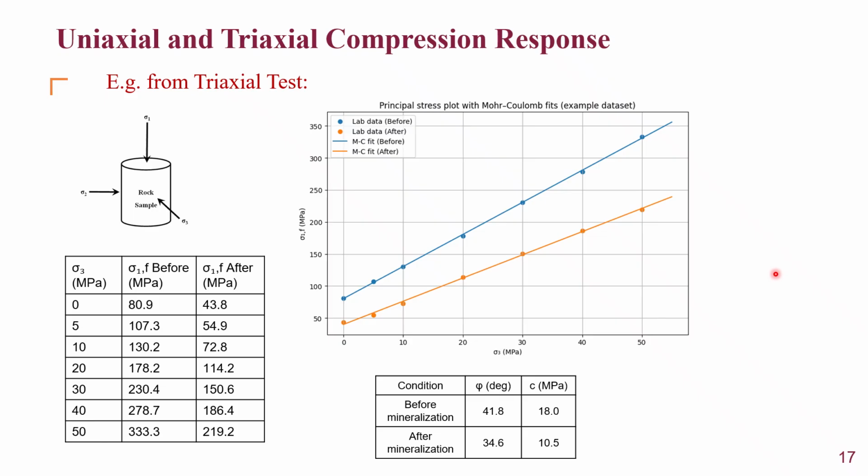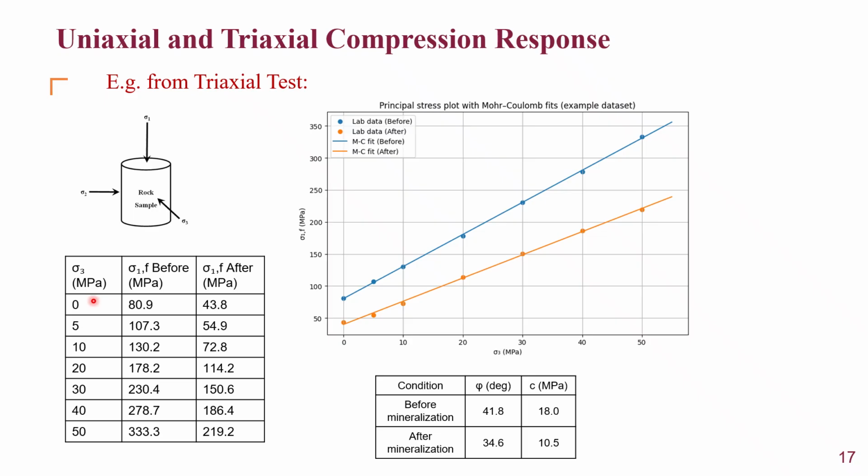And we can see that given the same confining pressure before and after, the sigma 1 that caused the failure in the before mineralization sample was higher than the stress that caused the failure after mineralization.